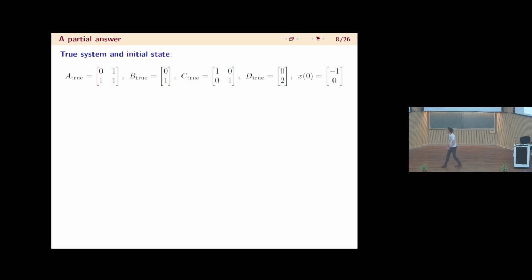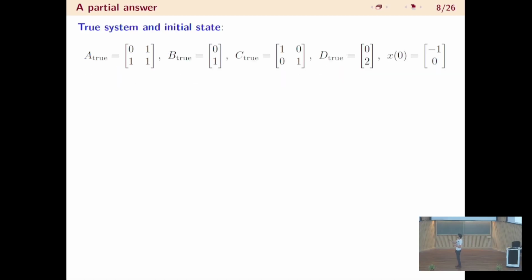Let's do that. So I have this simple example of a two-dimensional system. So let's take these matrices. I take A true to be the one over here, so 0, 1, 1, 1. This is B true. C true is the matrix over here, and D true is 0, 2.